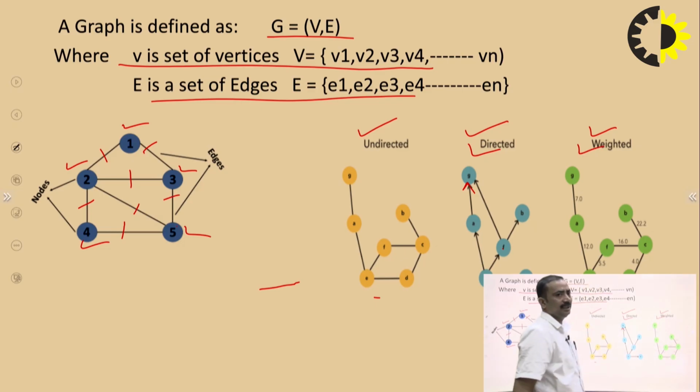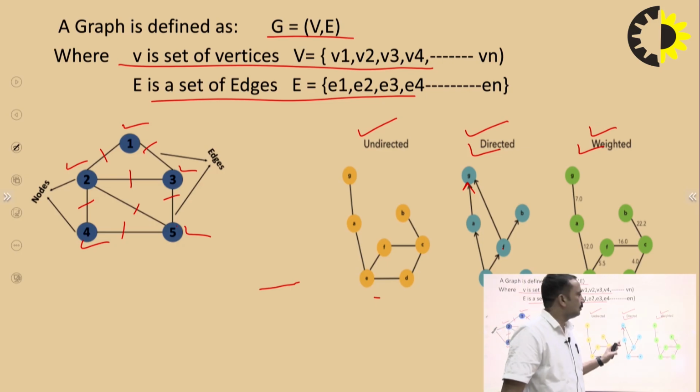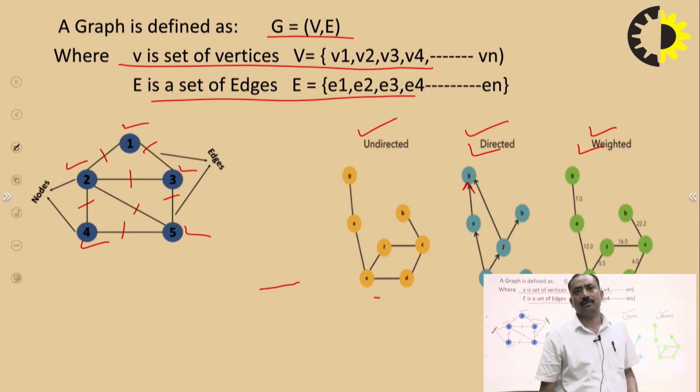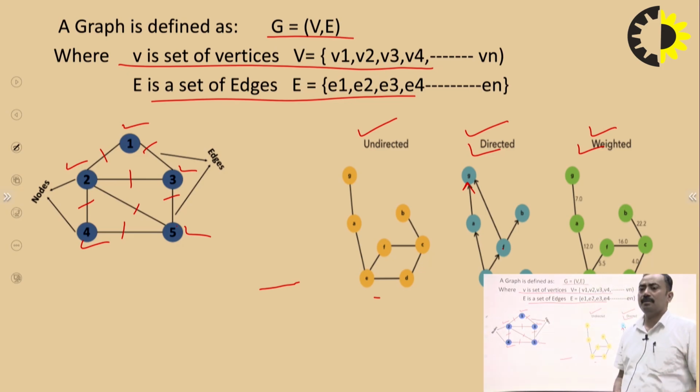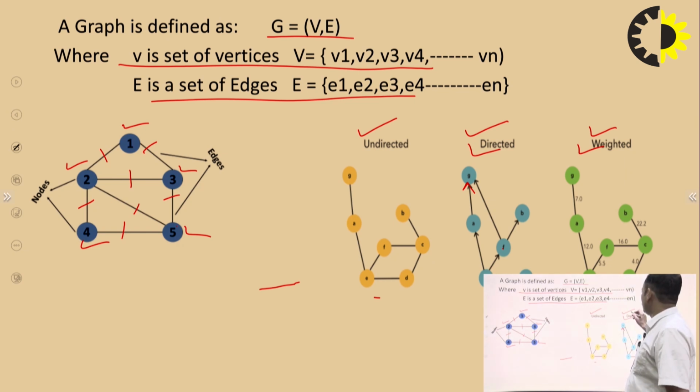So, we have these three types of graph: undirected, with no direction and no weights; directed, with direction of edges; and weighted. There can be many other possible types of graph, which we will discuss later. These are the common categories of graphs.